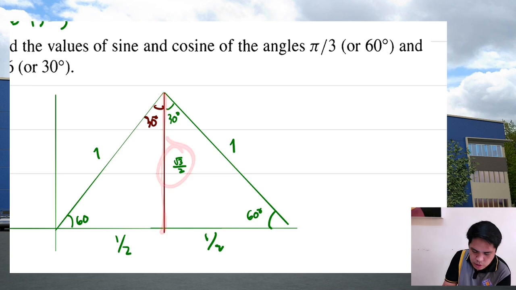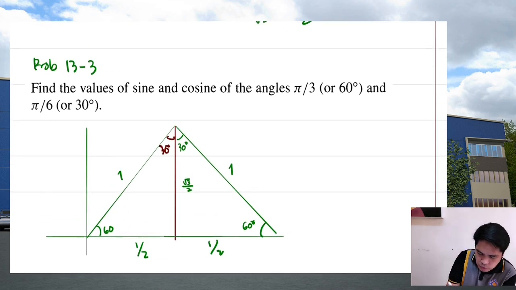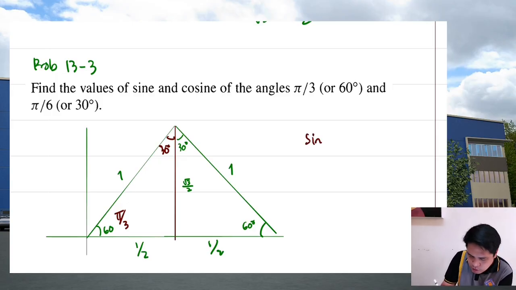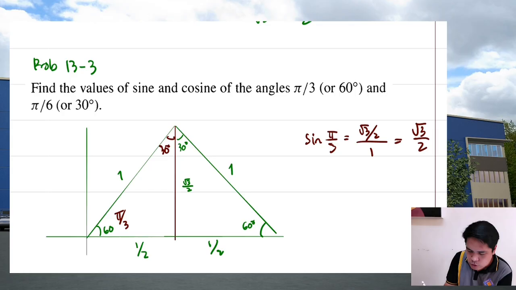This side is the altitude. So, if you want to get now the value for pi over 3, which is this 60 degrees, this is also pi over 3. So, let's start with sine 60 degrees or pi over 3. That is opposite, square root of 3 halves, over hypotenuse 1, which is just square root of 3 over 2.